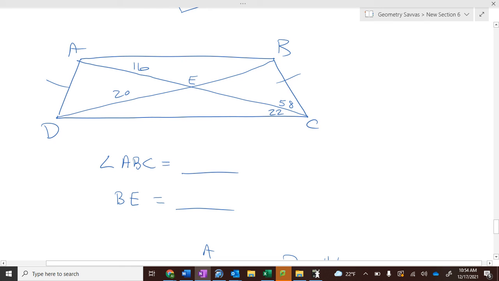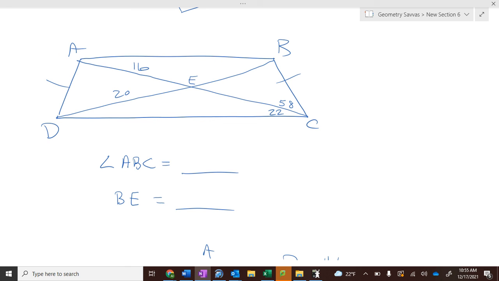Okay, we have an isosceles trapezoid here. We want to know how big angle ABC is. Well, 16 plus 58 is all the way across. It doesn't matter what that is right now. It's 100.